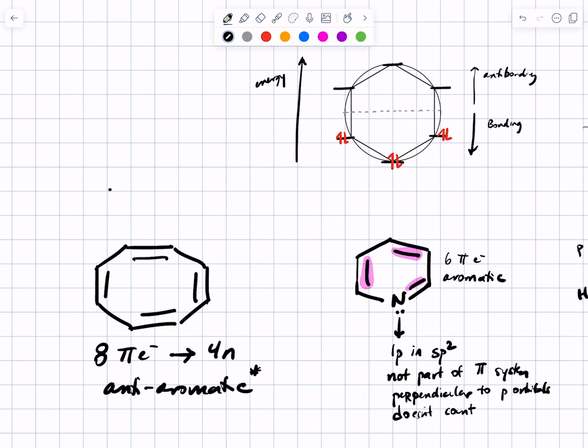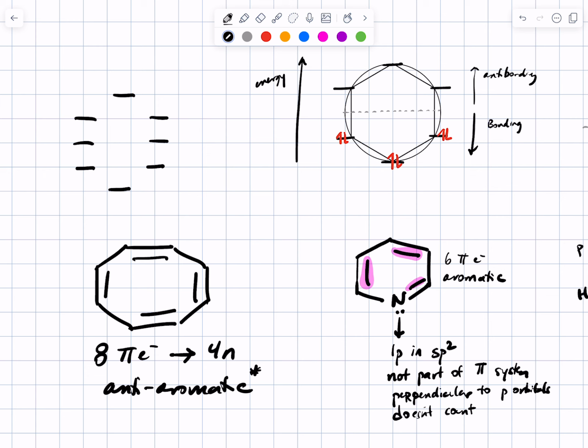Just do the inscribed polygon method. You need 1, 2, 3, 4, 5, 6, 7, 8. So we need one that's lower in energy, two pairs, so that's 1, 2, 3, 4, 5, 6, 7, 8.